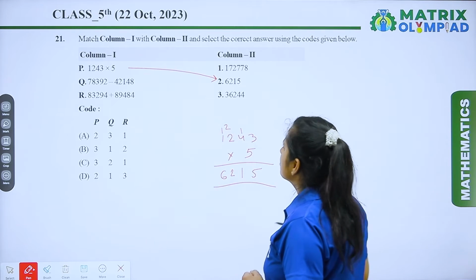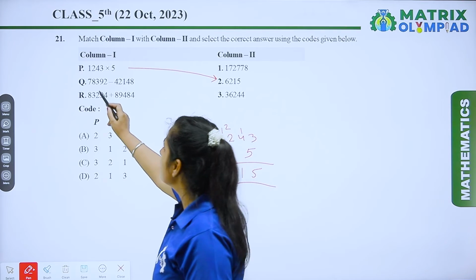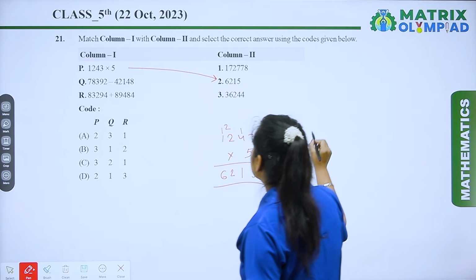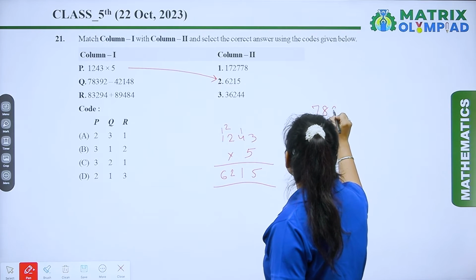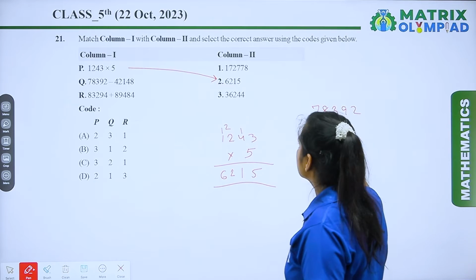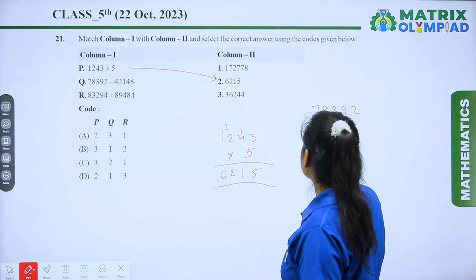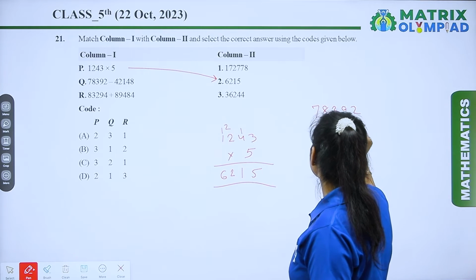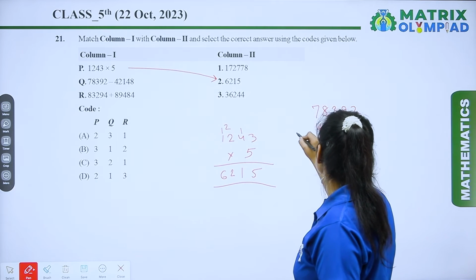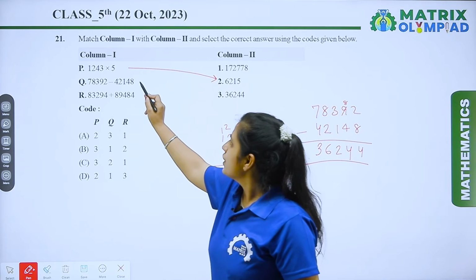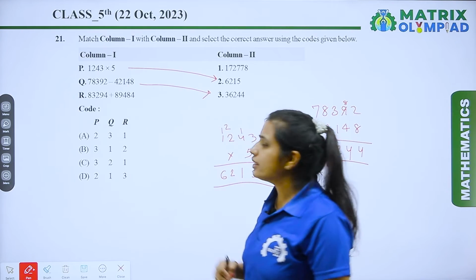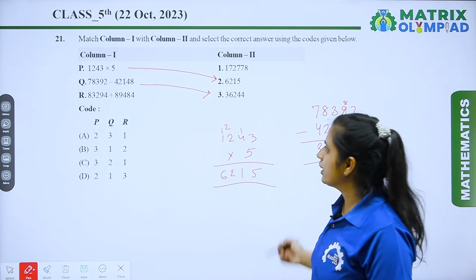7000. Let's check the next one. It's 78,392. So let's write it down. And we have to subtract 42,148 from this. So here we get 36,244, the correct answer.